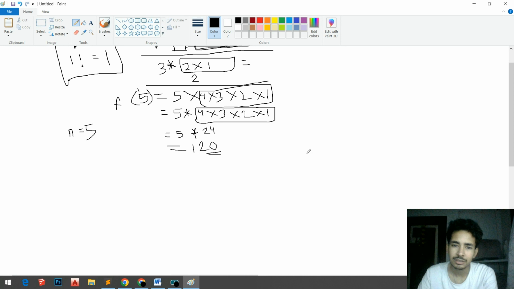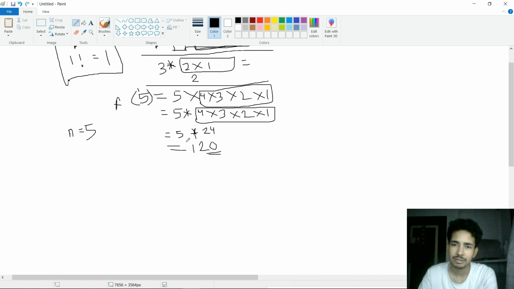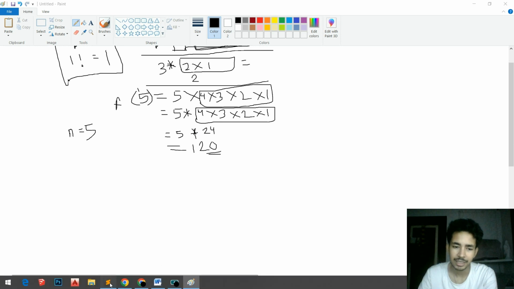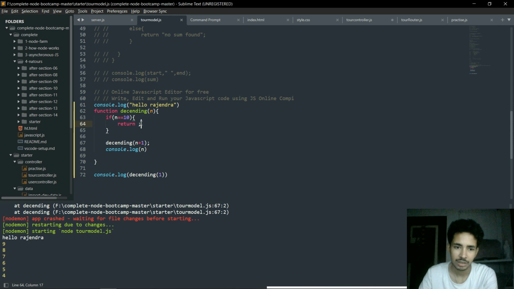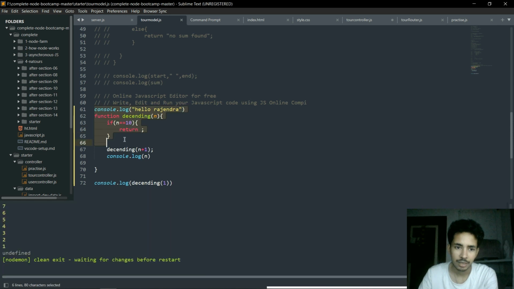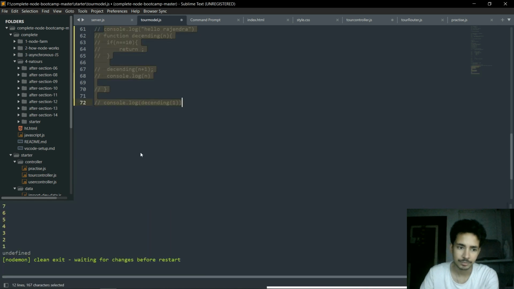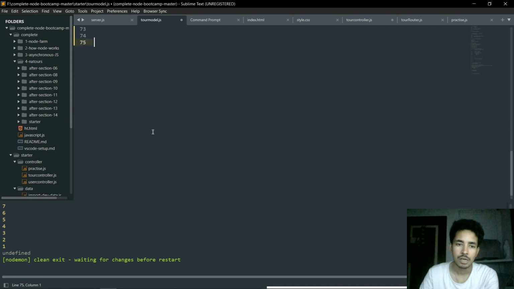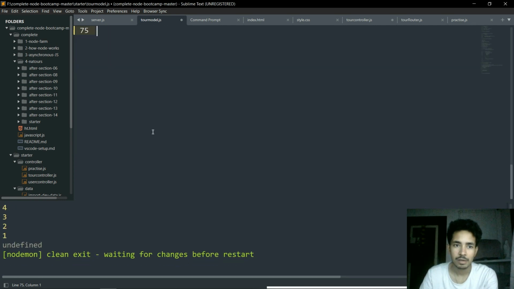Let's solve this question with the help of recursion, and I can solve this in JavaScript, so do not mind. You can also do it in any programming language.